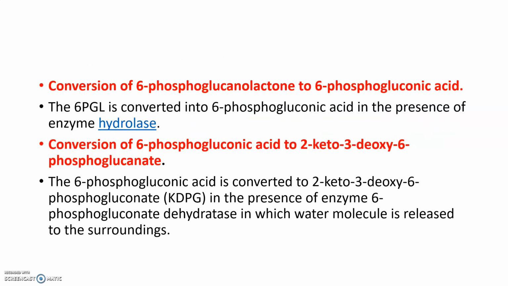Next is the conversion of 6-phosphoglucanolactone to 6-phosphogluconic acid. This step takes place in the presence of the enzyme hydrolase.